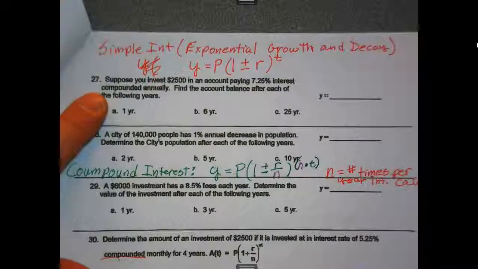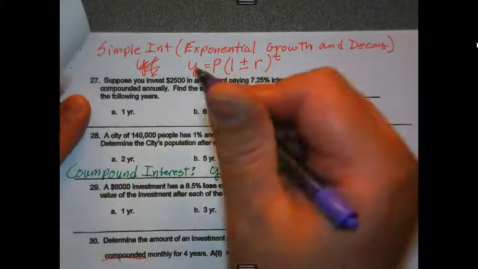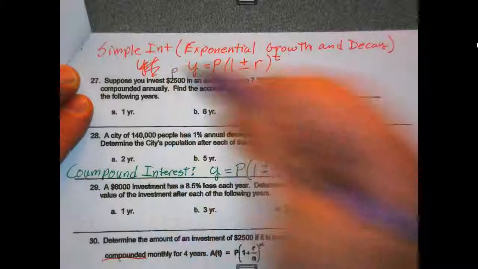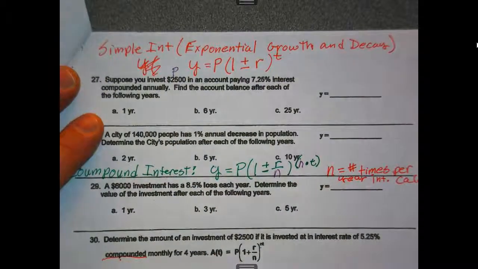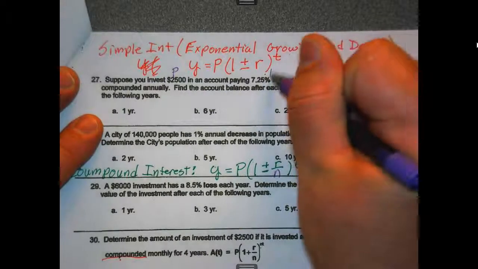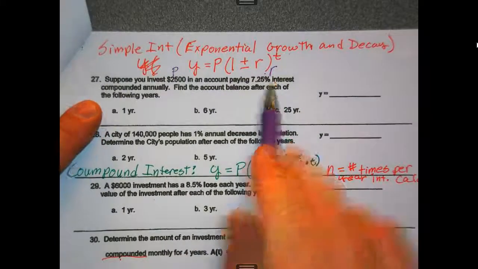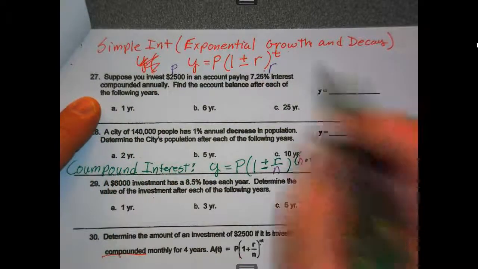It says suppose you invest $2,500. Now my $2,500 was my initial principal in an account paying 7.25%. That's my R, interest, compounded annually. Now there's that word compounded again.